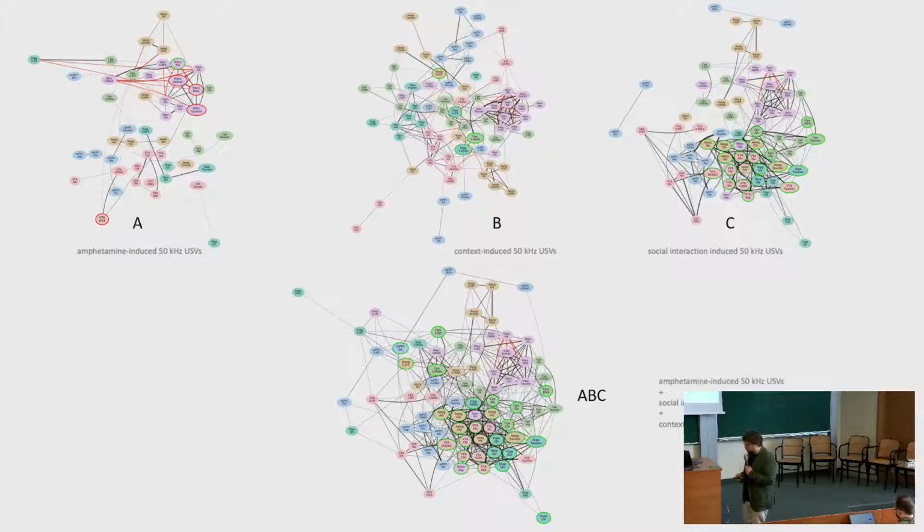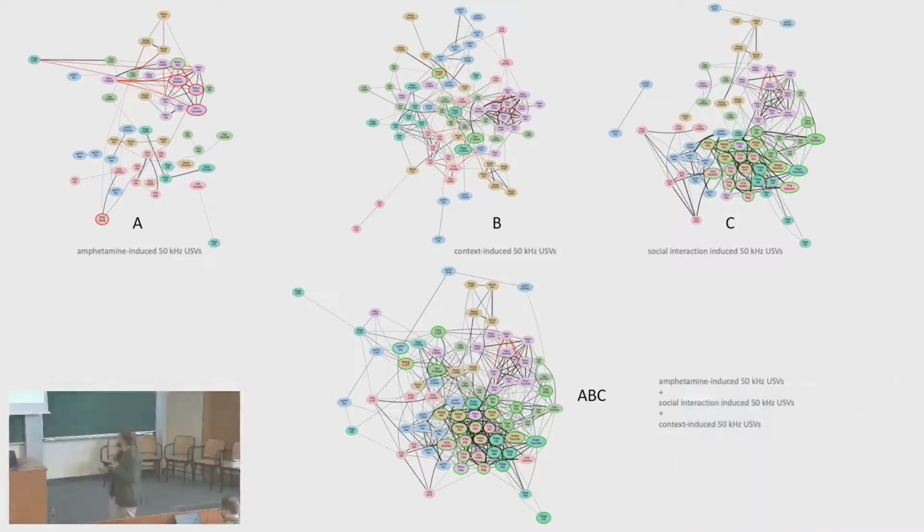Together with Miron Kursa from ICM, we did three experiments. Actually, he's a mathematician, so he analyzed the whole statistics, and we've got three models that induce 50 kilohertz ultrasonic vocalization. The first model is amphetamine-induced 50 kilohertz.